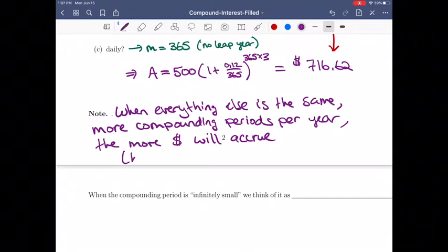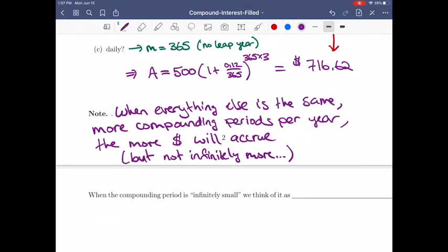But not infinitely more. So there is sort of an upper bound on this. Now, in the next video, we're going to see how to compare accounts when multiple things change. So here we're only changing the compounding period.